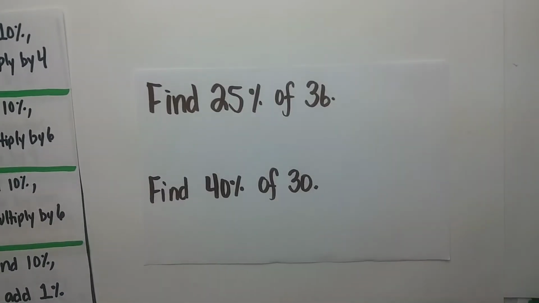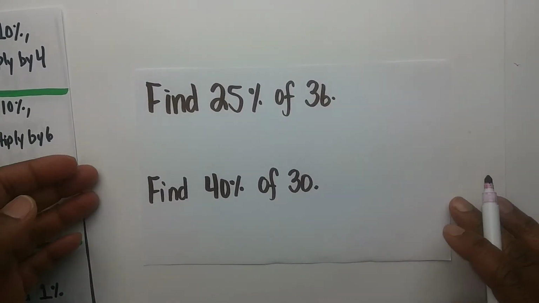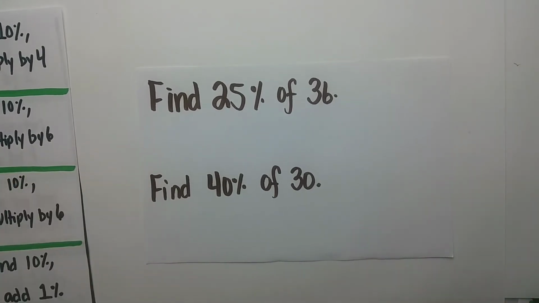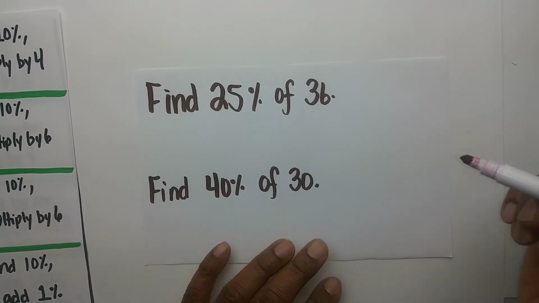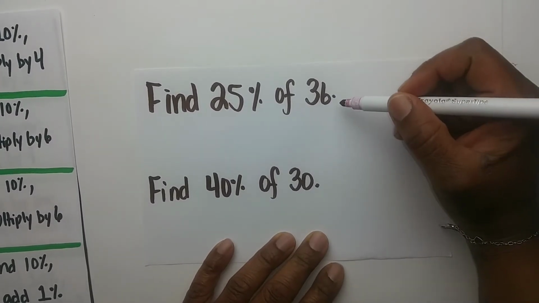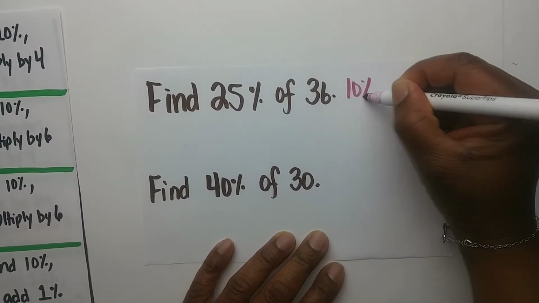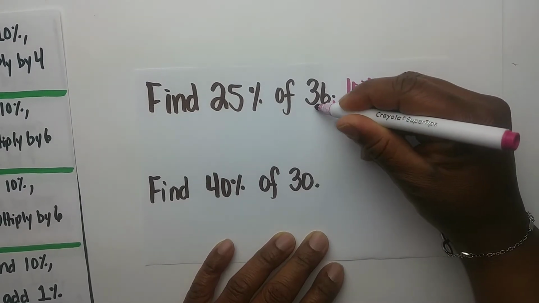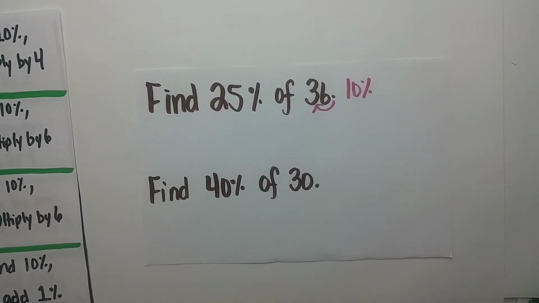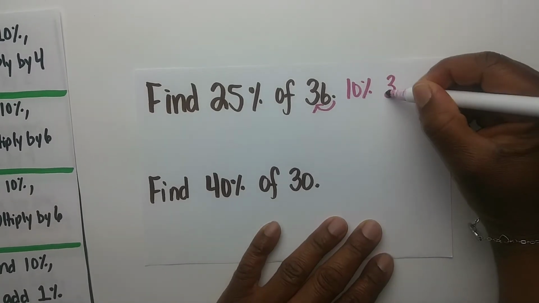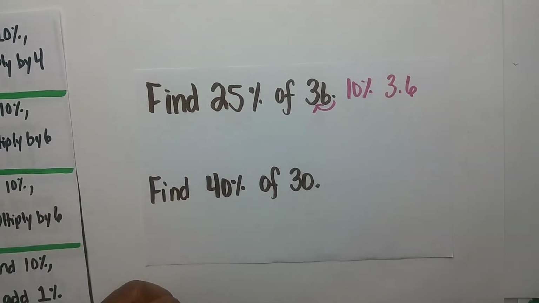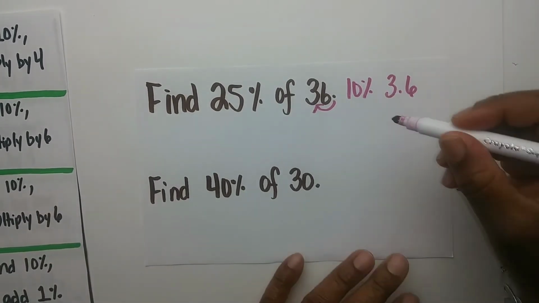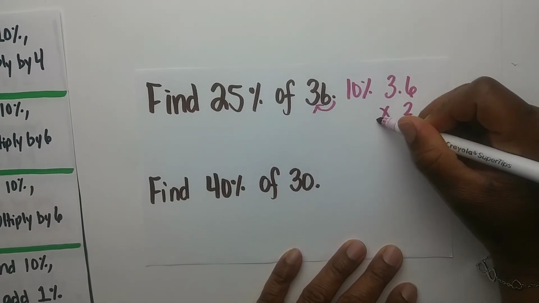What about this? I want to find 25% of 36. Now, in order to find 25%, what do we start with? We start with 10%. What is 10% of 36? So 10% is when I move the decimal point 1 place to the left, which would be 3 6/10. Now, to get to 25%, first I want to find out what 20% is, right? So I multiply 3 6/10 times 2.